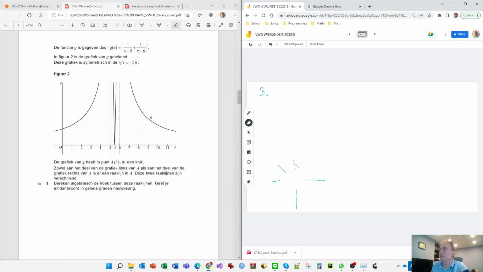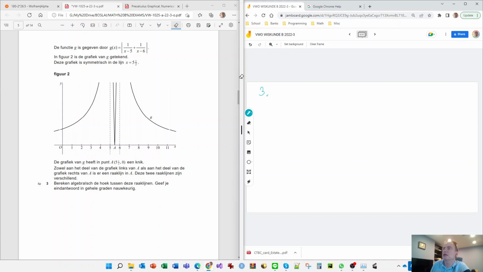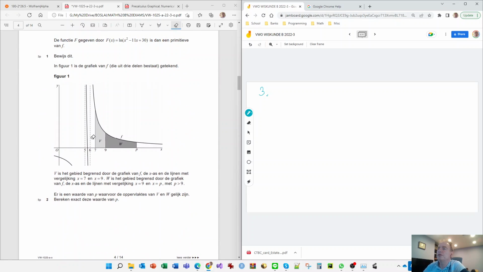Okay, so let's calculate that. To the left of a, this function is actually negative. You can just substitute a number, I guess, but you can also look at our f here. Oh no, just to the left of 5.5, it is positive, and just to the right of 5.5, it's negative.